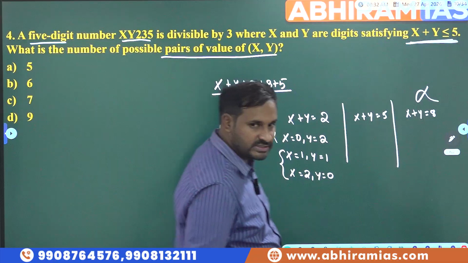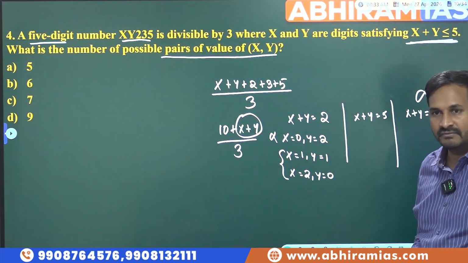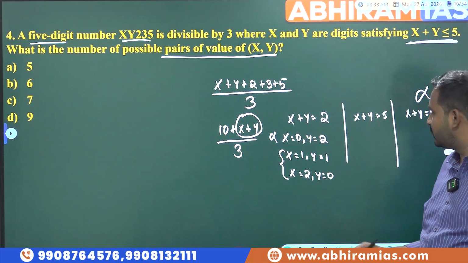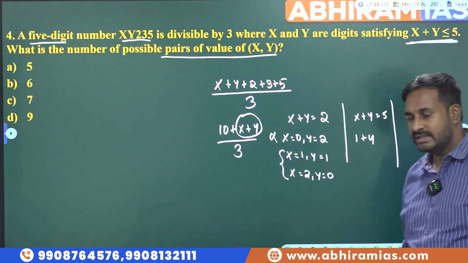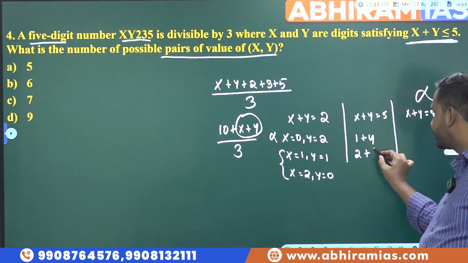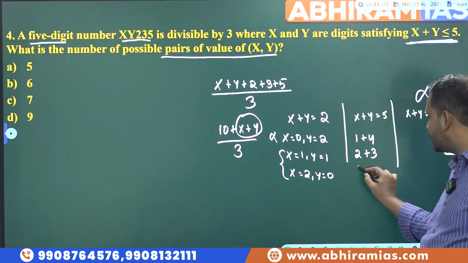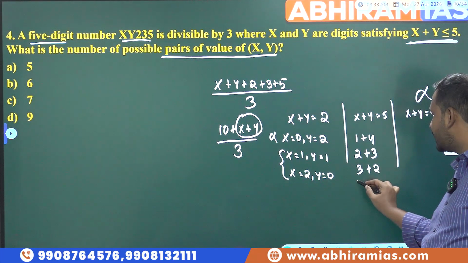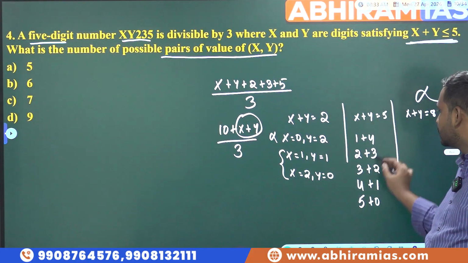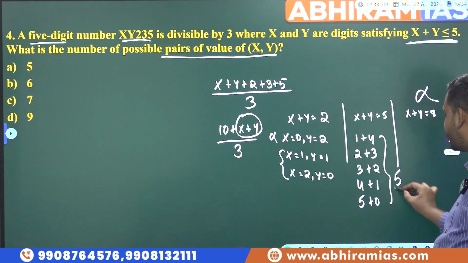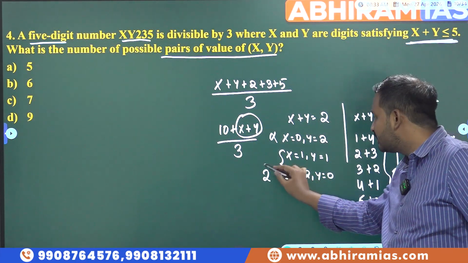Next, x plus y is equal to 5. Can I take 0 and 5? No, you should not take 0 and 5. Can I take 1 and 4? Yes. Can I take 2 and 3? Yes. Can I take 3 and 2? Yes. Can I take 4 and 1? Yes. Can I take 5 and 0? Yes. So total how many possibilities are there here? 5. And from the earlier case, 2.